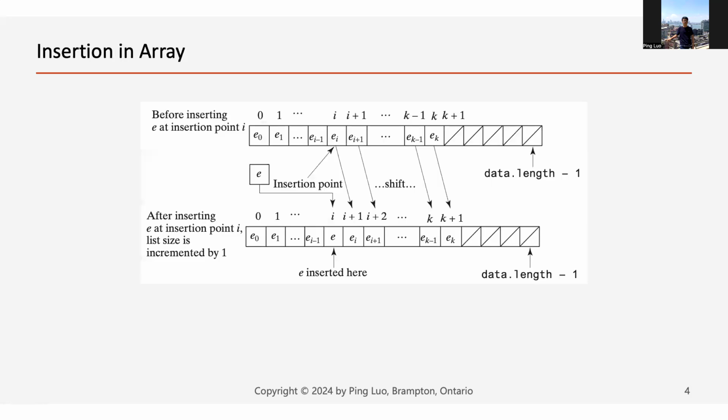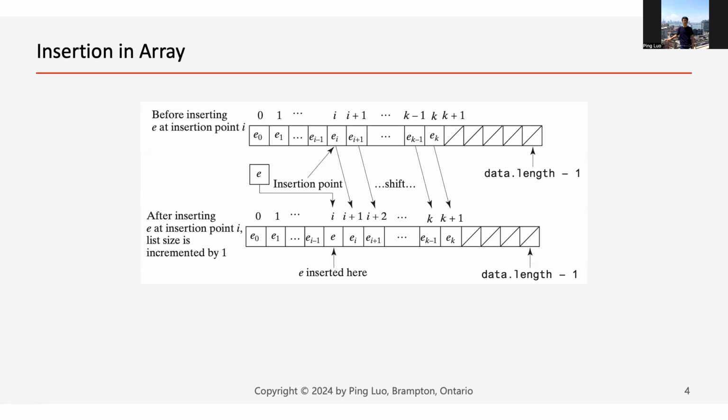If we want to implement a list using an array, there are two operations. One is insertion and one is deletion. That's commonly used in list manipulation. But if we do it in an array, if we want to insert something, for example at index I, we have to move everything back to the next location in memory and then insert this element at this location.